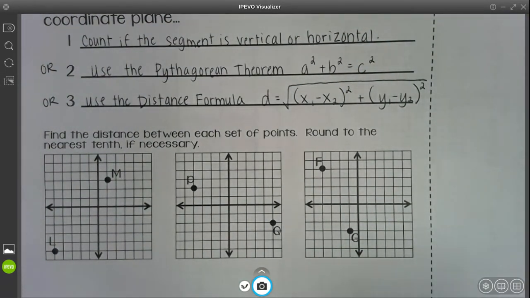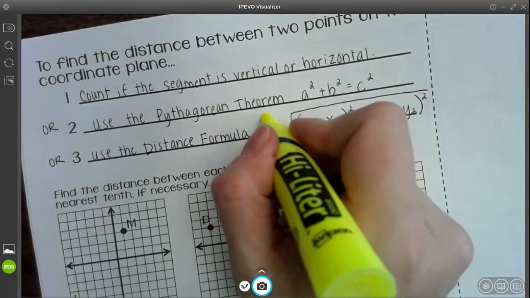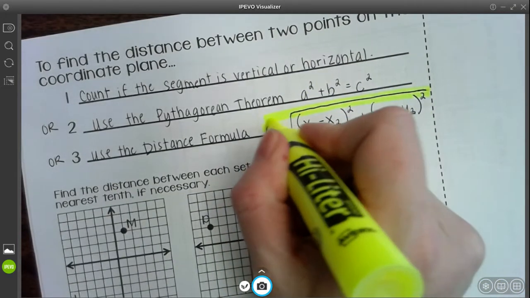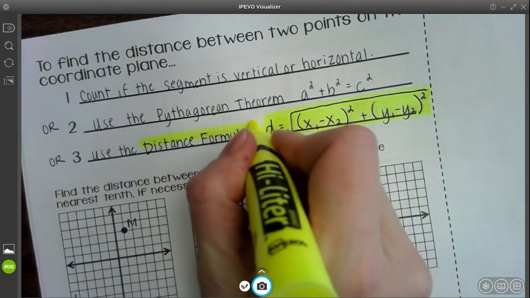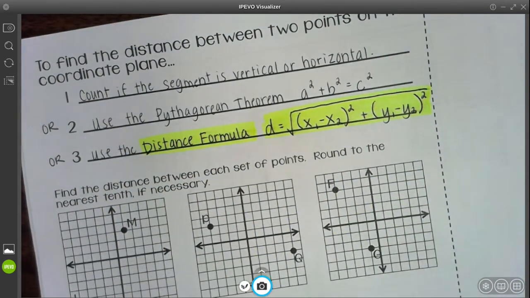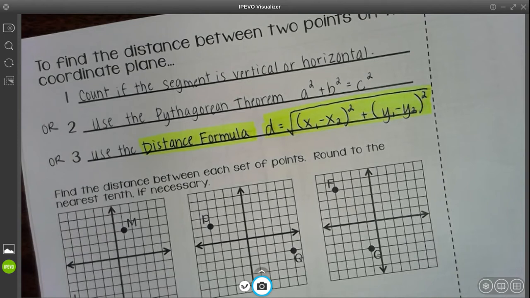All right, so this is my distance formula. All right. So I'm going to go back to my examples here.